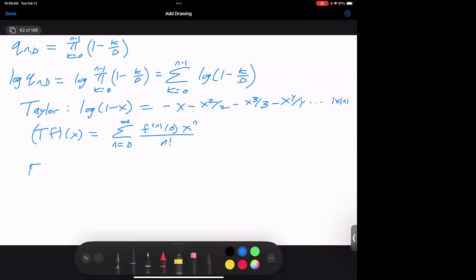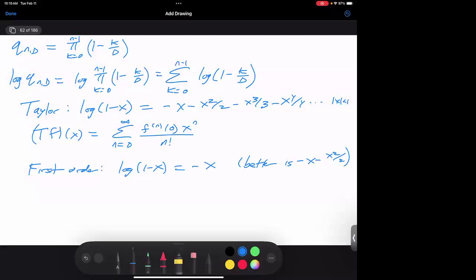So to first order, we get the log of 1 minus x is negative x. Better is negative x minus x squared over 2. As a nice exercise, you can go through and try to redo the birthday problem, keeping that next term.